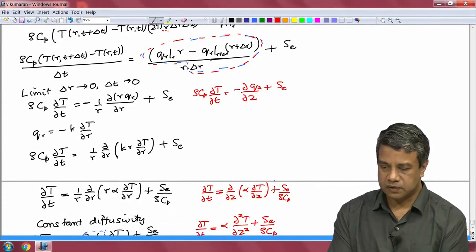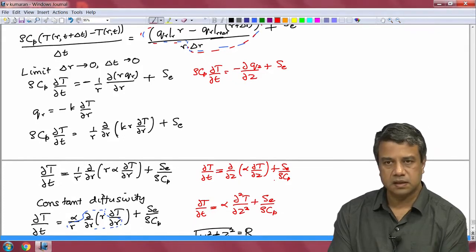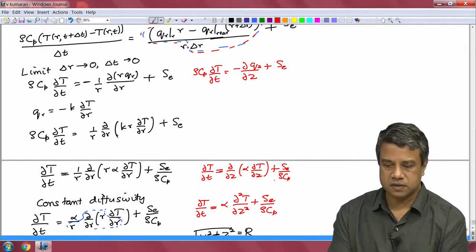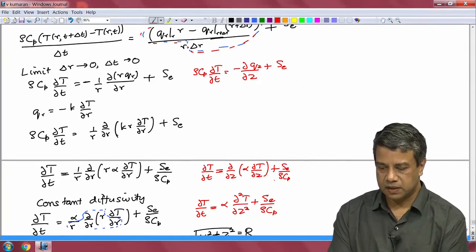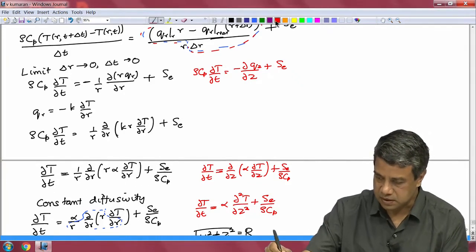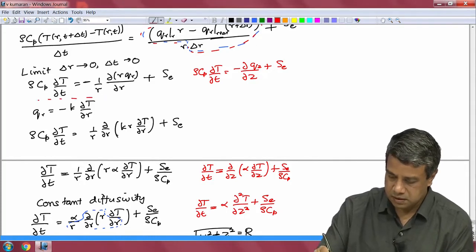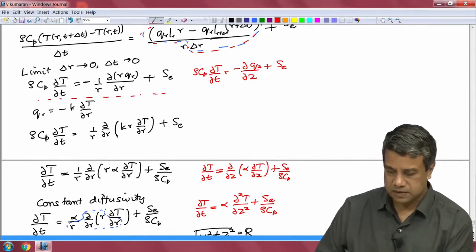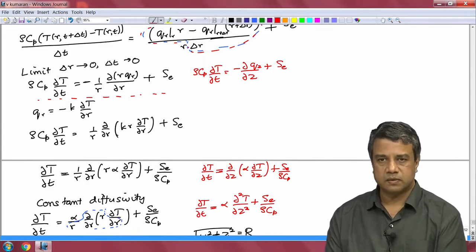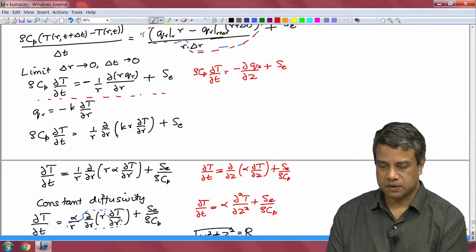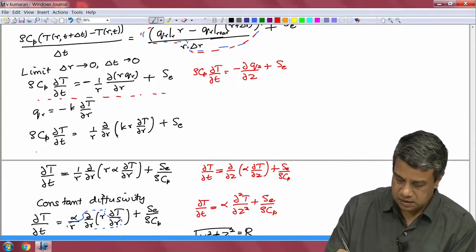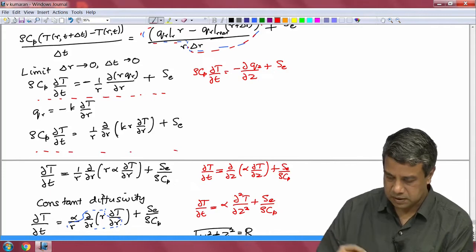Divide throughout by volume, divide throughout by delta t, take the limit as volume goes to 0 and delta t goes to 0, and you get an equation that looks like this, where Qr is the flux and Qr is equal to minus k times the derivative of the temperature with respect to r. Substitute that, and this is the resulting equation.